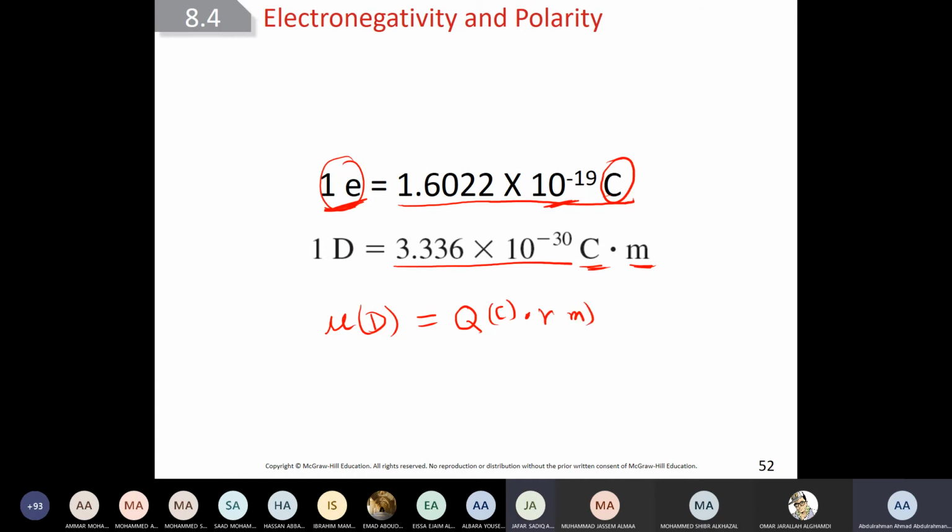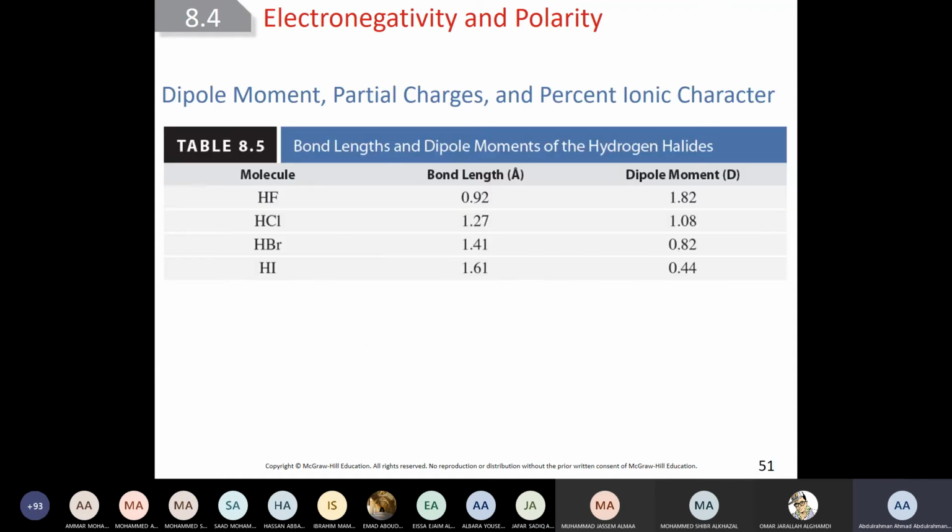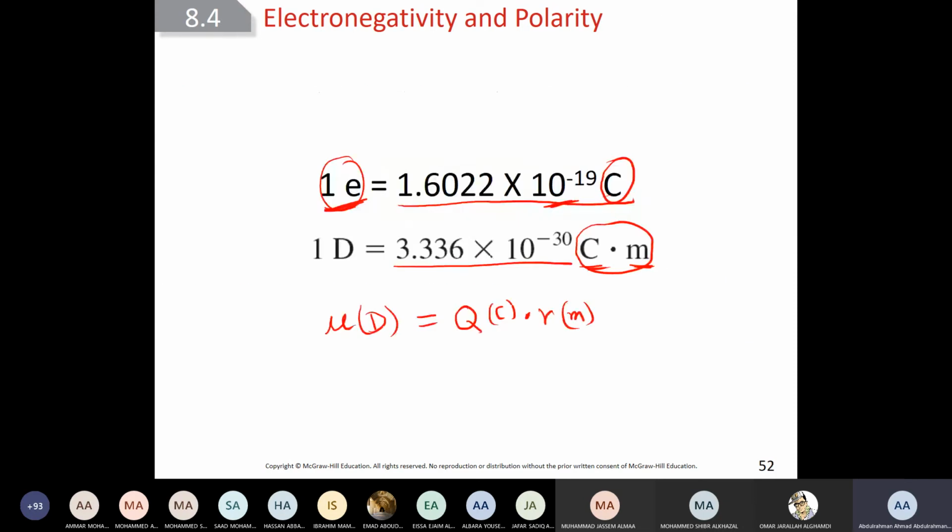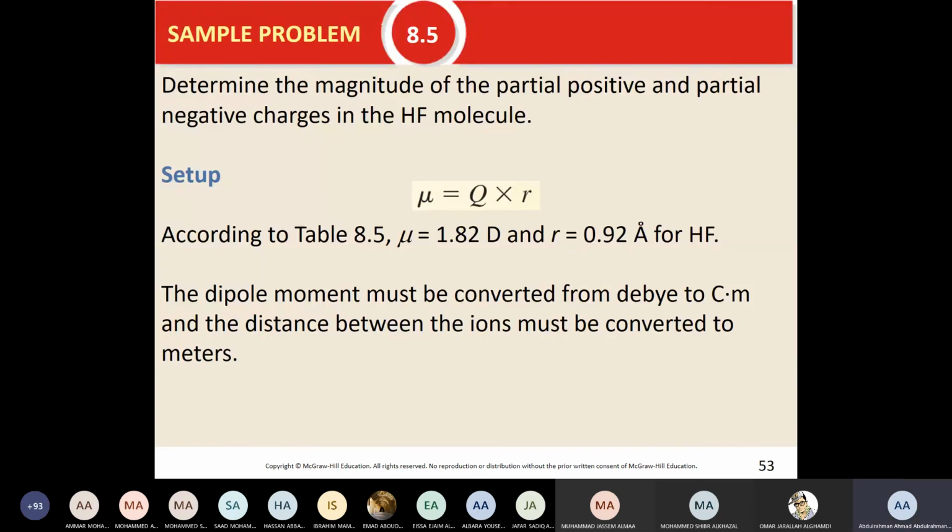Meter. So the debye is the unit of Coulomb times meter. Is this clear? Don't forget this law now. Write it, because we'll solve a problem right now.